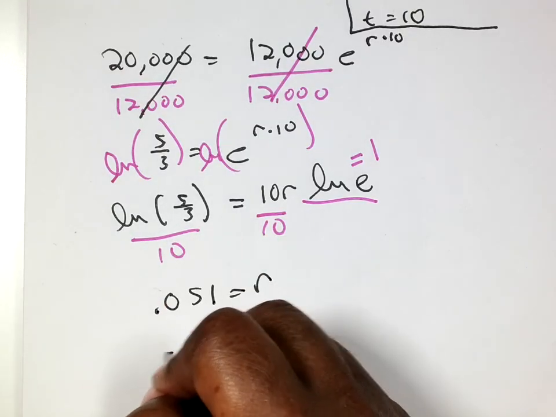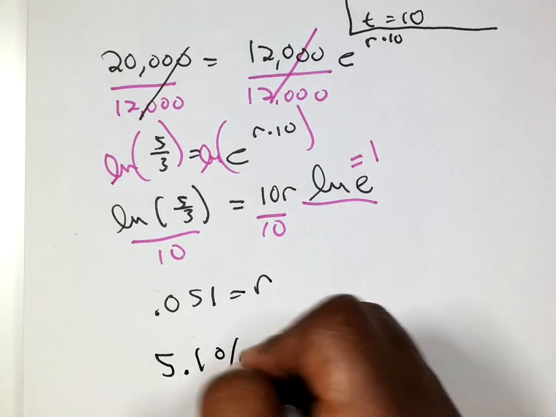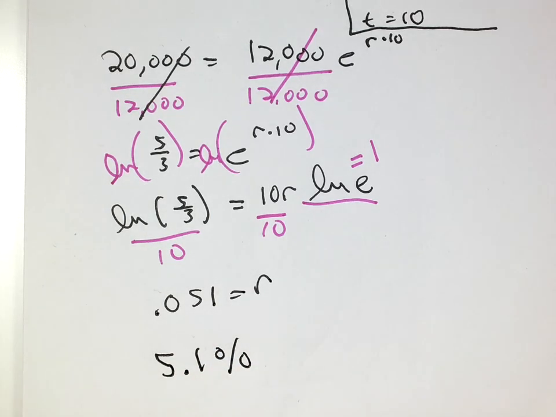So changing it into a percent, we move the decimal 2 places to the right, and it's 5.1%. So I need to find a bank or institution that's going to give me an interest rate of at least 5.1% so I can have the required amount at the end of those 10 years.